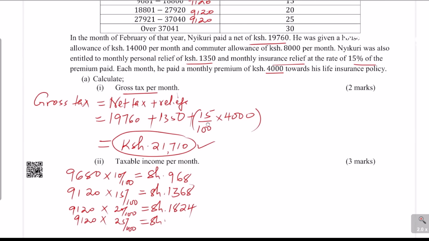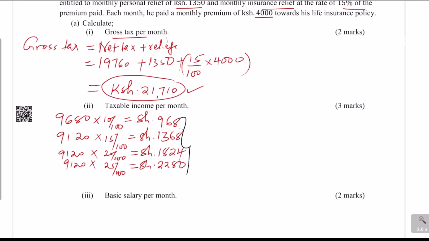So now we are remaining with the last band, and because that is the last band, all the other tax will be obtained there. First of all, we need to get the sum of the taxes that we already have so far. So we add 968 plus 1368 plus 1824 plus 2280, and that will give 6440.